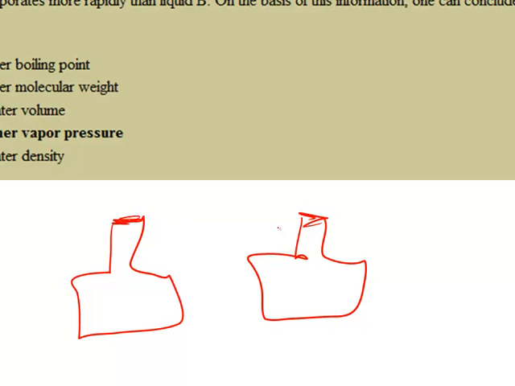Based on this information, one can conclude that liquid A has, I'm reading them again here, liquid A evaporates more quickly than B, so that means we get a lot more vapor up here in liquid A than we do in liquid B. So this has a higher vapor pressure. That's what vapor pressure is all about.